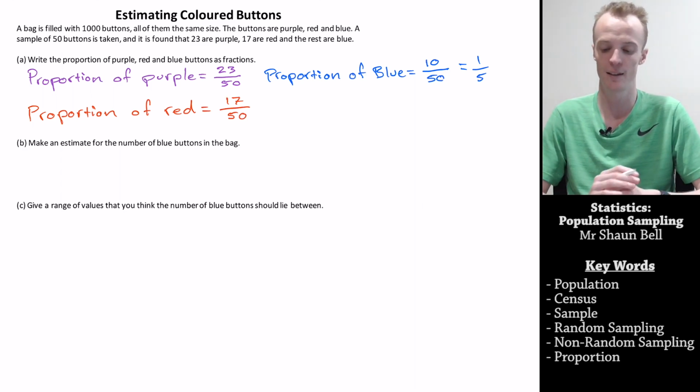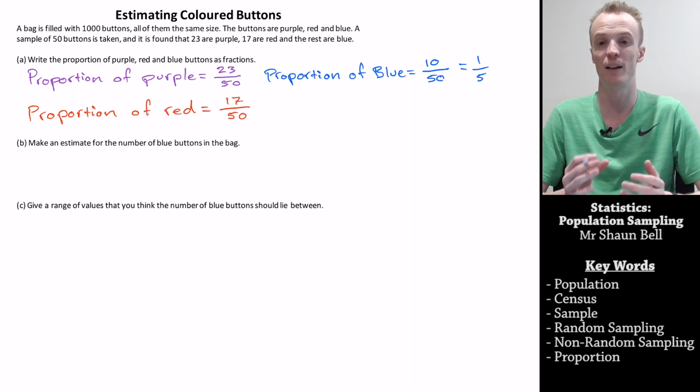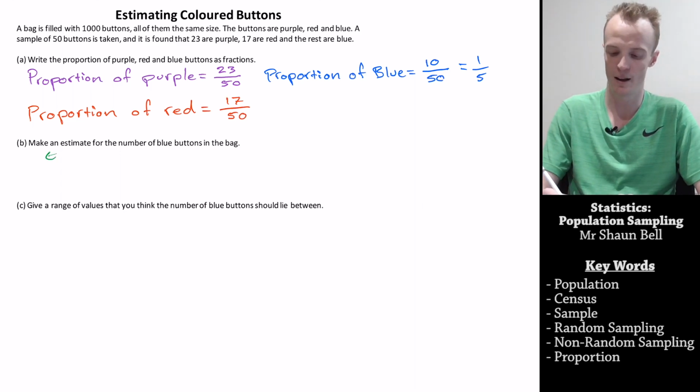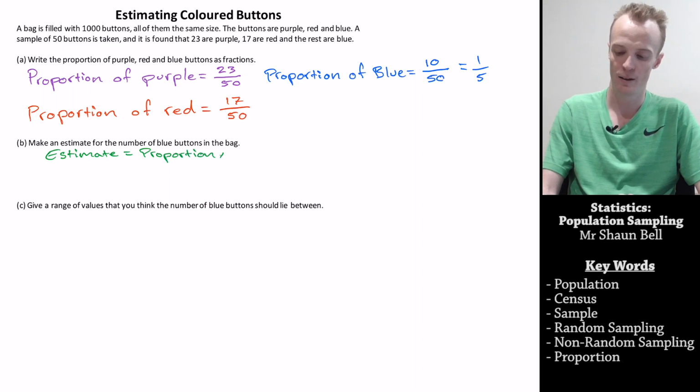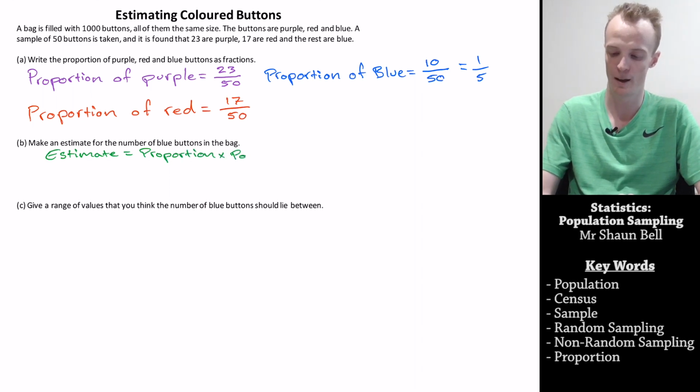In this case, it's asked us to predict how many blue buttons might be in this bag. Now, in order to make an estimate using the sample that we've collected, it's equal to the proportion multiplied by the total population of which we got our sample from.